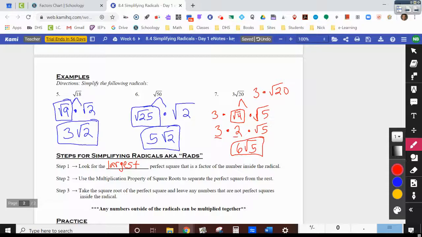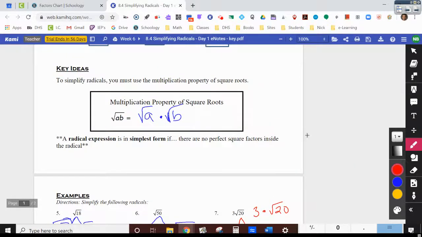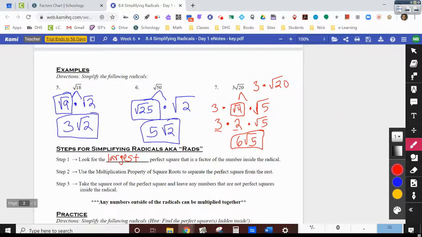After you find that largest perfect square factor, you want to use the multiplication property of square roots to separate your perfect square from the rest. You separate into rad A times rad B. You're going to take a number and separate it into 2 different numbers. Then you want to take the square root of that perfect number and leave any numbers that are not perfect squares inside the radical.